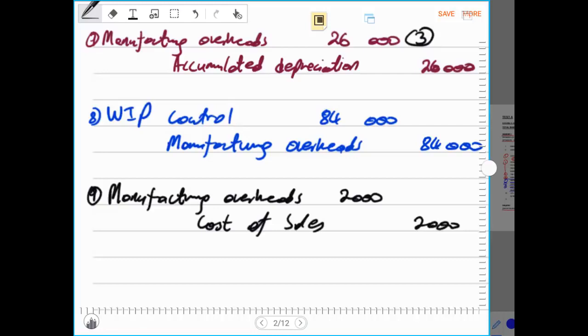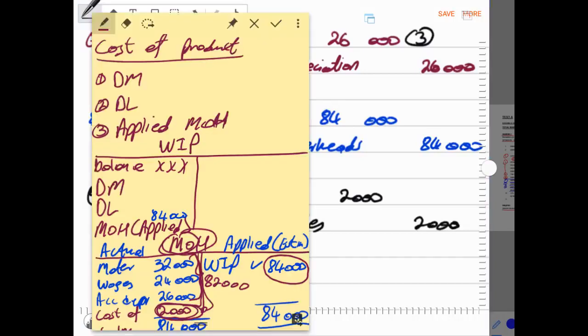Meaning we have to reduce our cost of sales by 2,000 rands because we have overestimated the cost of the product that we were manufacturing. Remember, as I said to you, the cost of the product is made of direct material, direct labor, and applied manufacturing overheads. Meaning we would have initially recorded under manufacturing overheads 84,000 rands.